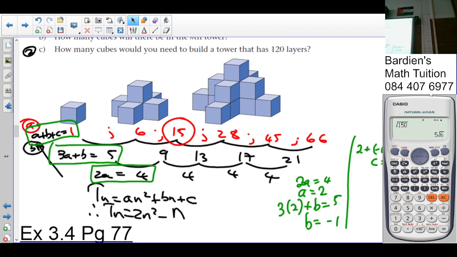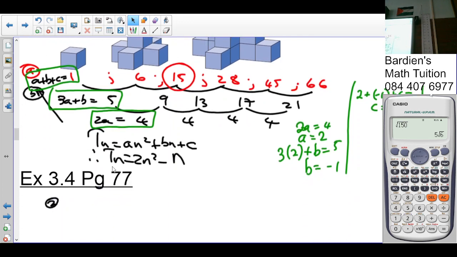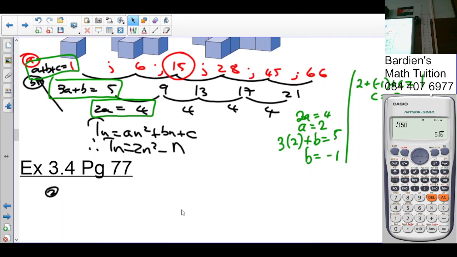In number 2c, how many cubes will be needed to build a tower that has 120 layers? So the first tower is layer 1, the second tower is layer 2, and so on. So in other words, I'm going to work out T120.